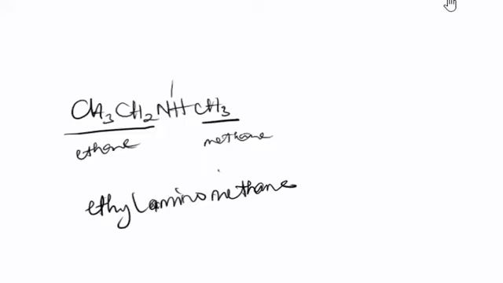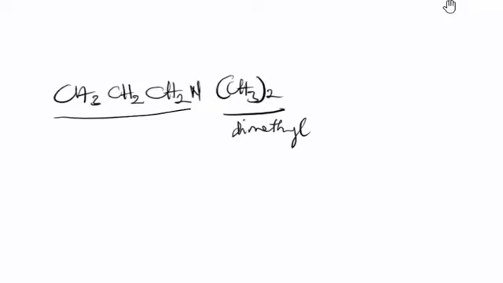Alright, so let's look at another example. Let's say I have CH3, CH2, CH2, and N, CH3, CH3. So this is a dimethyl, and then over here I have a propyl.